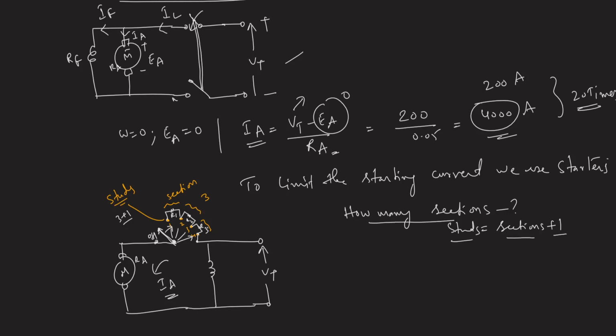So my question is, how many sections do I require, and what are the resistance values of each section, such that when I connect my pointer onto the first position, the initial maximum current under that condition will not go beyond some 2 times the rated current of the machine.